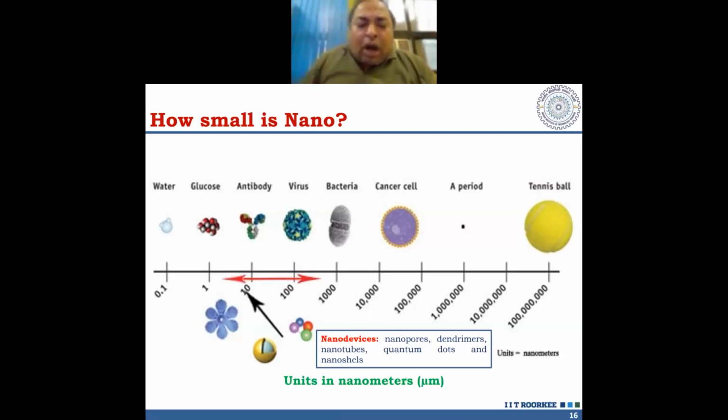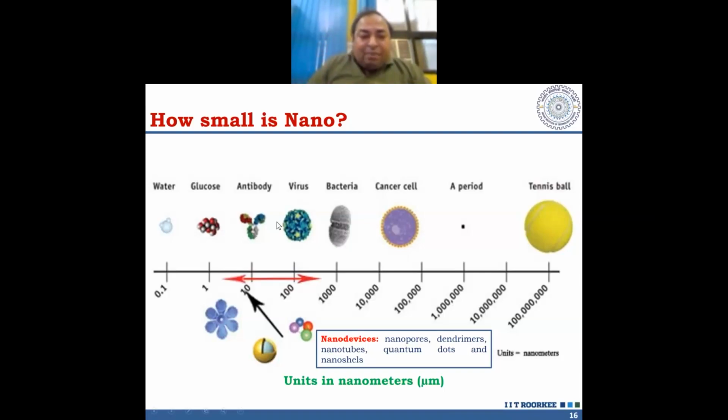So, how small is nano? We are talking about nanotechnology, so we have to understand how small is nano. If we start from a tennis ball, we go gradually from tennis ball to period to cancer cell to bacteria to virus to antibody.